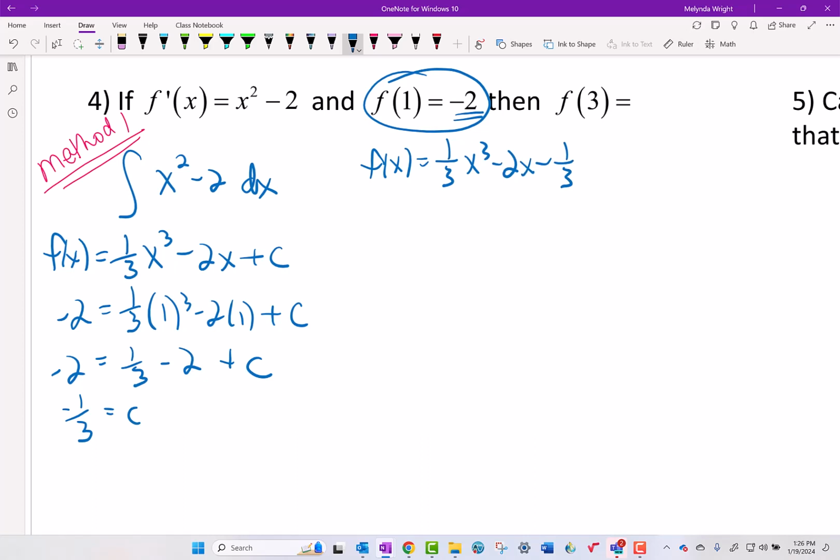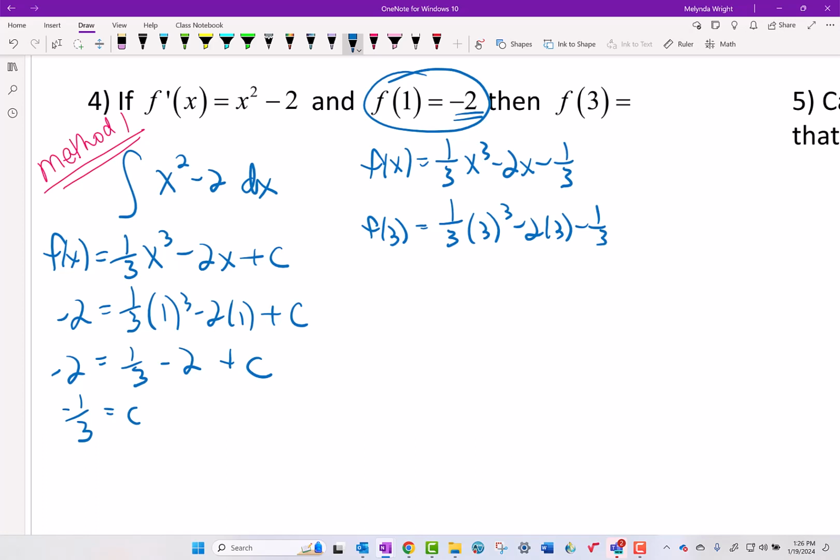I want to find f of 3. F of 3 would be 1/3 times 3 cubed minus 2 times 3 minus 1/3. I'm just doing my arithmetic, plugging in, finding out what that is.